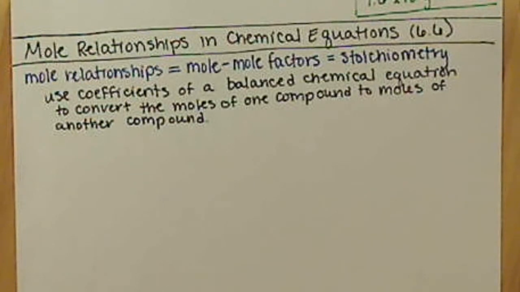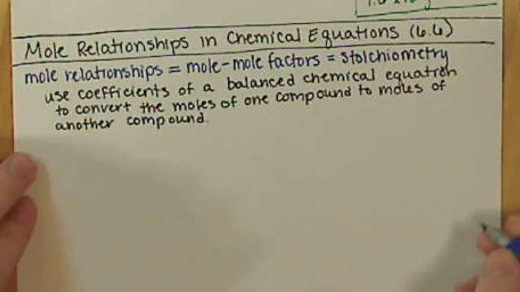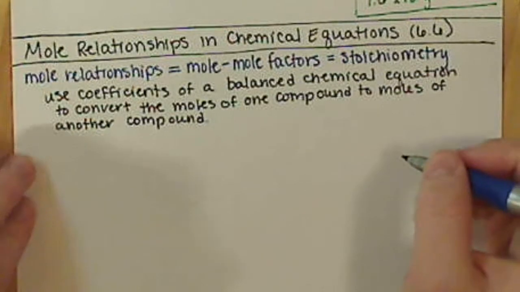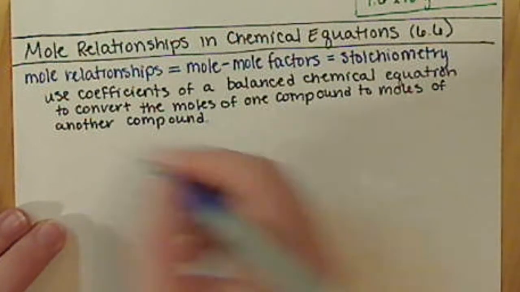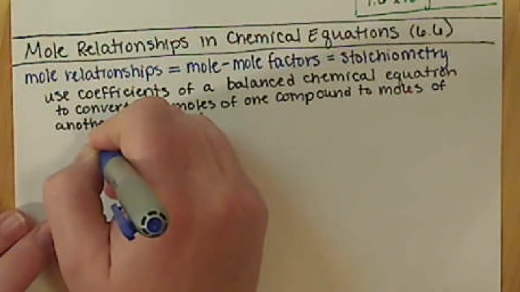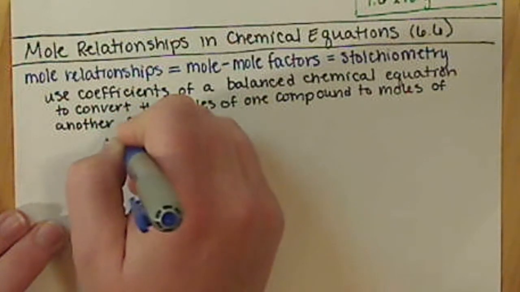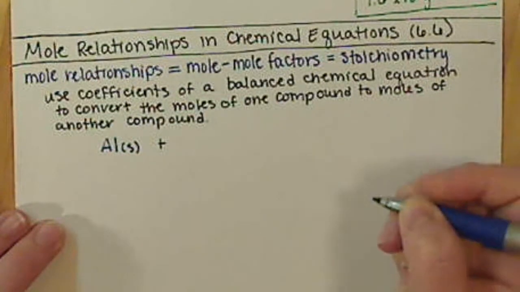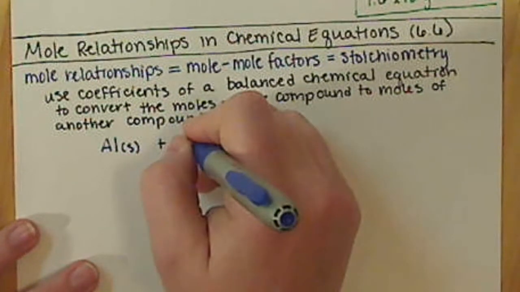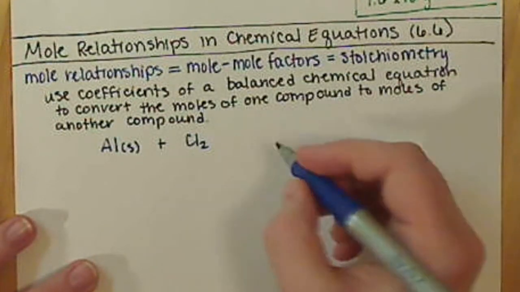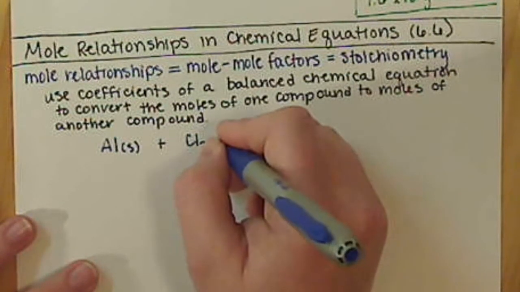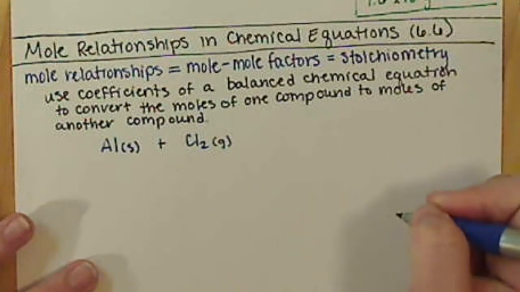So if we look at a simple chemical equation, we'll look at the combination of aluminum and chlorine. We have aluminum as a solid, and we're going to combine that with chlorine, which is one of our diatomics, so it comes as a molecule and is found in the gas phase.